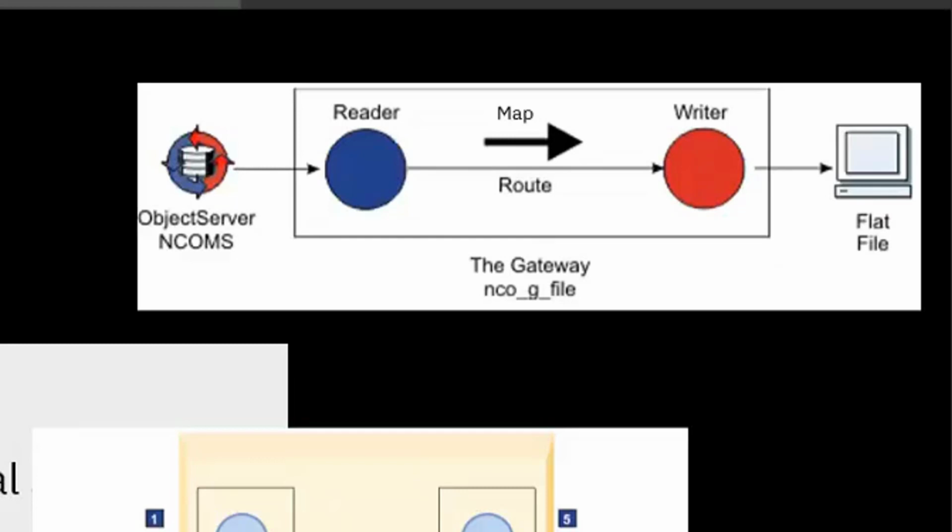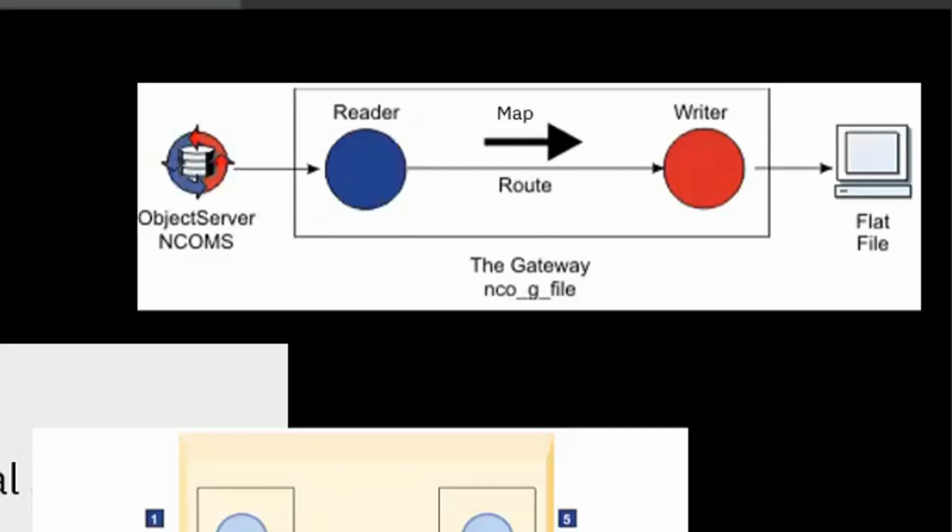For example, if you want to set up the flat file gateway, there's a reader component, the mapping component, and the writer component to write towards a flat file. But you could also integrate, for example, a database writer into the same gateway component, but that would be a very unusual configuration. I can't think of why you would want to do this.